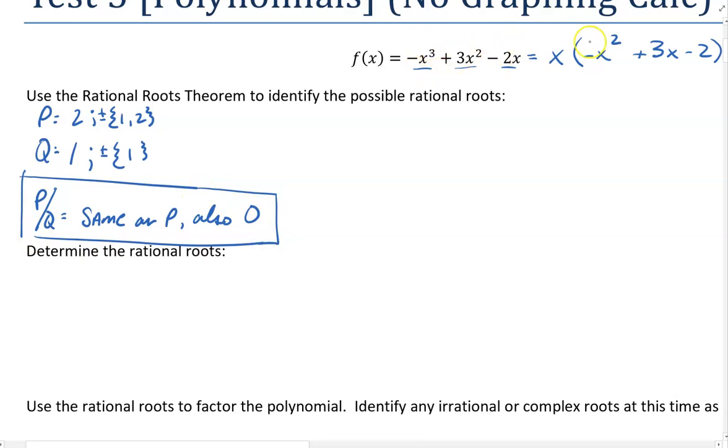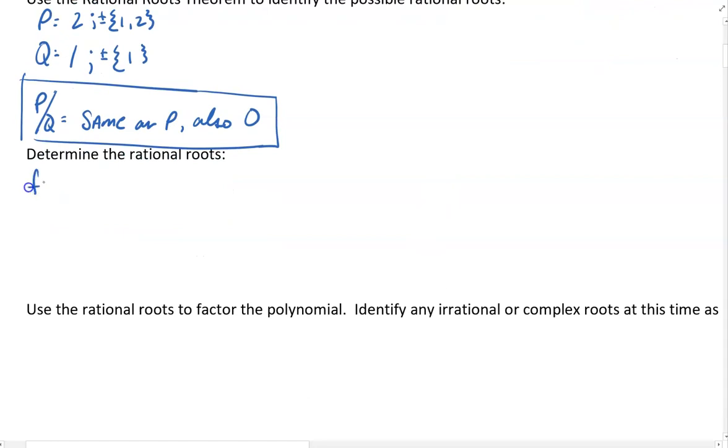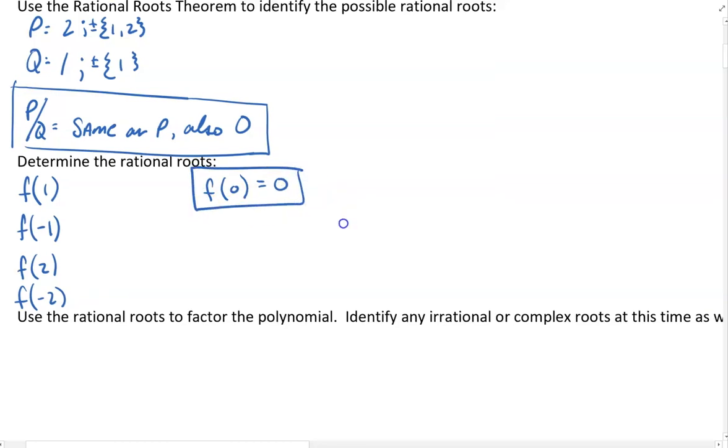In fact, it's a known root because of the factor x that we see out here. So when we determine the rational roots, we need to evaluate this function at each of the possible roots: at 1, at negative 1, at 2, and negative 2. We already know that f evaluated at 0 is going to equal 0, so I'll go ahead and put a box around that.